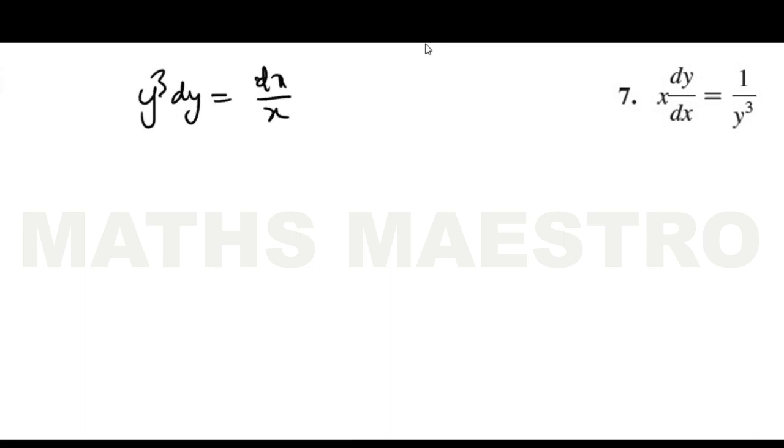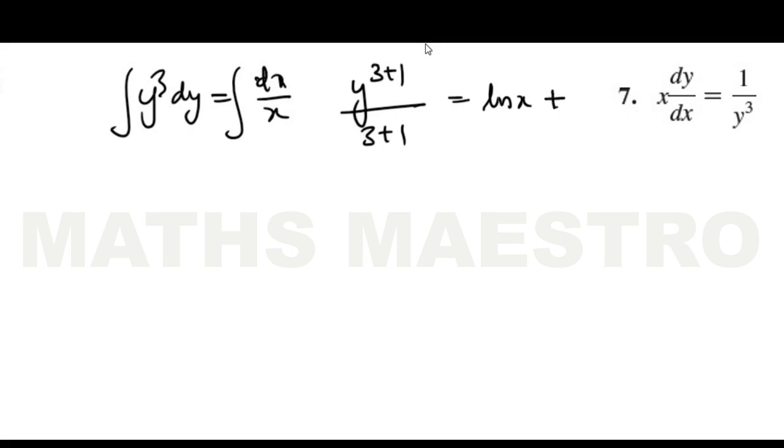7, what you see on your screen here can be rewritten as y cubed dy is equal to dx by x, and when we apply integration on both the sides, this will become y to the power 3 plus 1 and then 3 plus 1 in the denominator, and this dx by x actually will become ln x, and we will put a constant of integration called c here, and this is it.